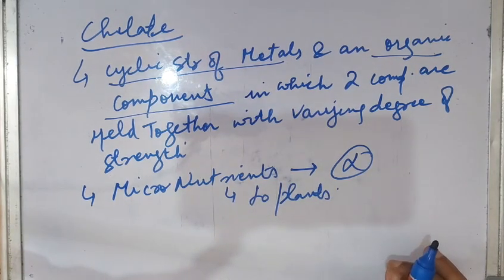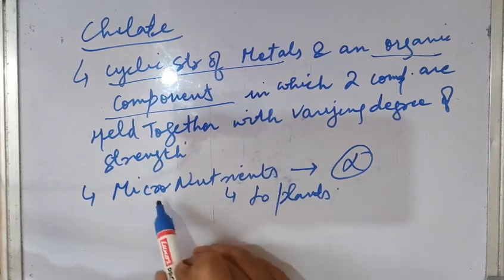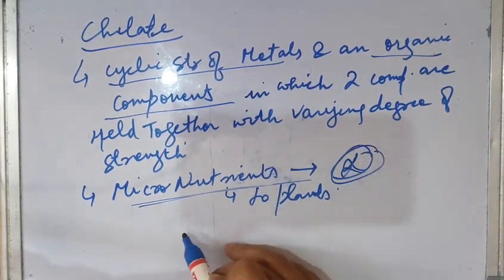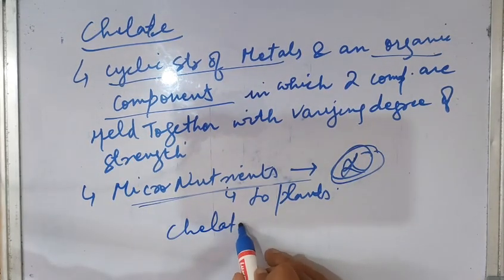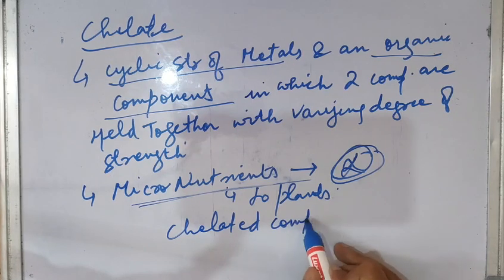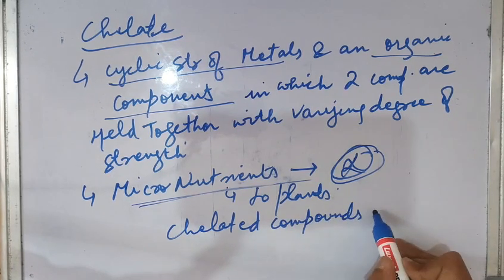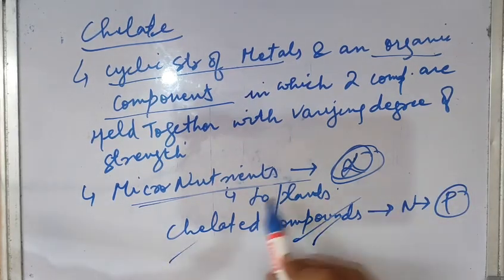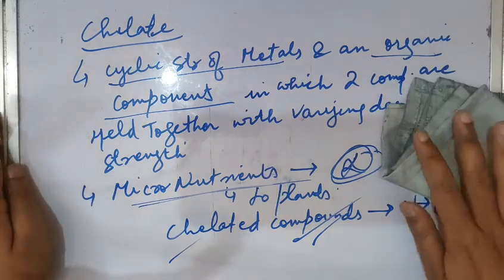the chelated compounds supply nutrients to plants for a longer time. So what happens when the normally available nutrients become unavailable to plants? The chelated compounds supply nutrients to plants. That is why chelates are very important.